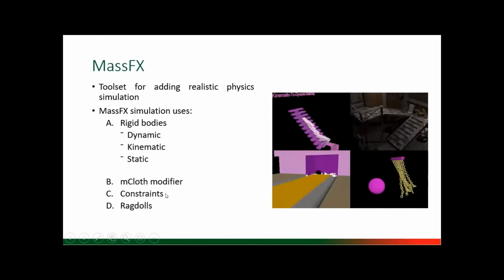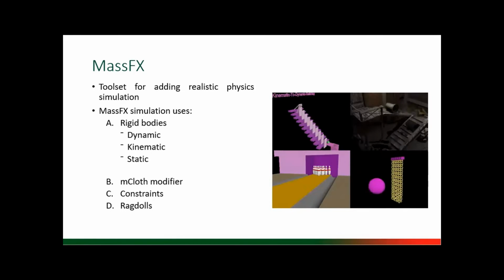You could imagine it like a chain link, or a door hinge, or something like that. I will also show how to do a simple setup later on. And the last one is ragdolls. Basically you can allow your rigged and animated character that you have modeled to be included in this simulation.